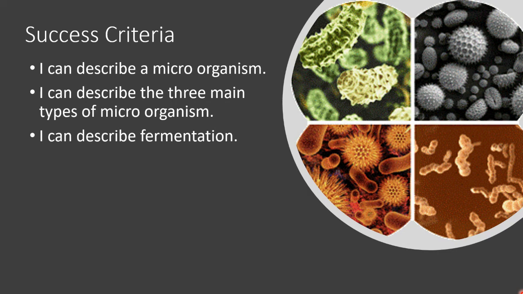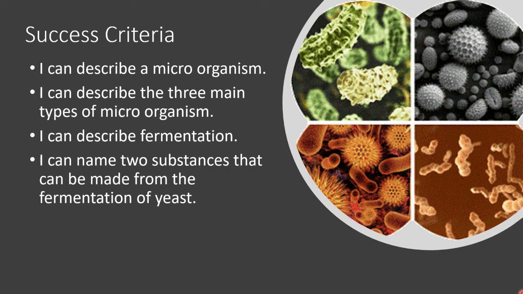So the fact that it's in the absence of oxygen, we don't want any oxygen there, and that it reacts to give certain products. You should be able to name 2 substances that can be made from the fermentation of yeast. So remember, the yeast reacted with glucose, a type of sugar, to give carbon dioxide and ethanol. So we can use that to make bread and alcohol.